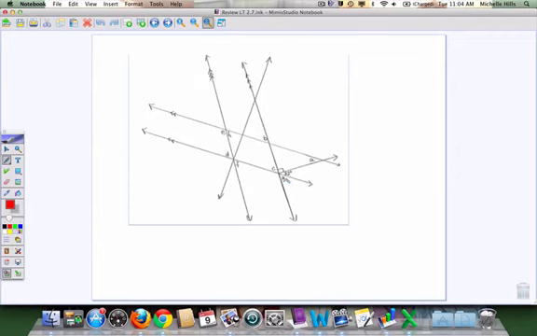The thing that draws my attention first is honestly not angle A, because I don't have enough information to get that. Well, actually I do have enough information to get this. They give me this 32-degree angle down here, and now that I'm taking a moment to think about it, I realize that if I think of this as my transversal cutting through these two parallel lines, then A and the 32-degree angle are alternate interior angles, which means they are congruent.